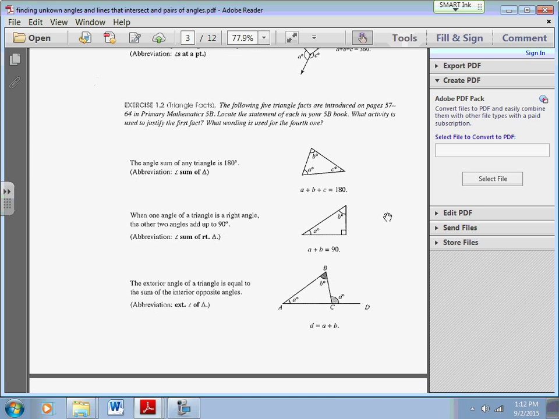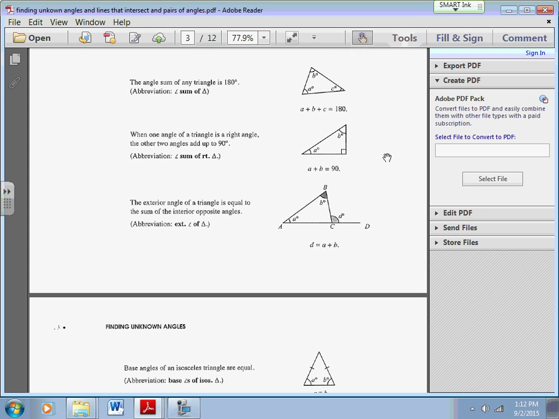All right. Triangles, we're going to get into that. Remember, we're in Unit 2 now, okay? And when we get to problems that involve triangles, the angles inside always have to add up to 180, okay? If it's a right triangle, the other two angles should add up to 90. 90 plus this 90 is 180, okay?